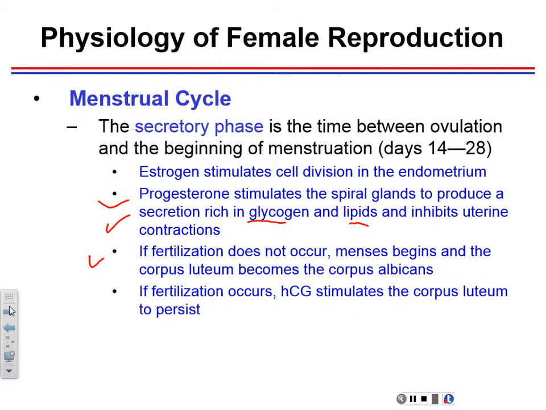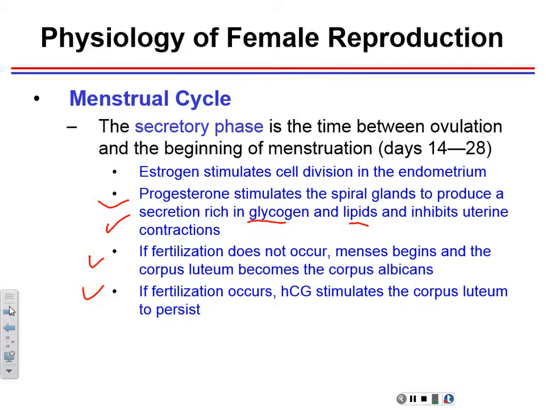Okay, because once you form the zygote, then it's going to form the placenta, which will start to form HCG, which maintains the corpus luteum. So HCG stimulates the corpus luteum to persist, and then it will continue to produce estrogen and progesterone.